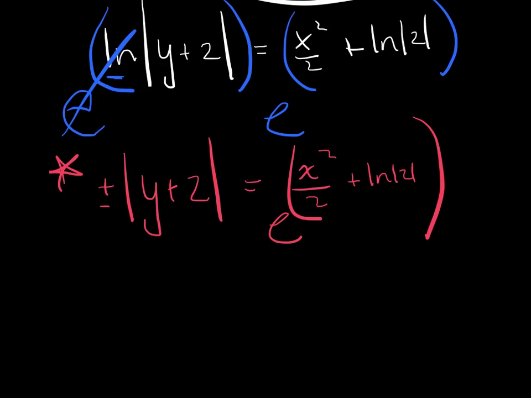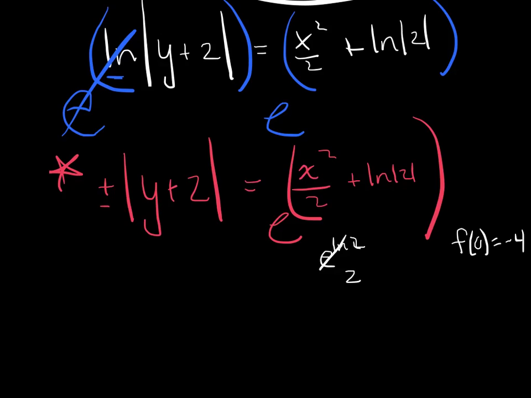Because I had to change signs, that means this number is going to be a negative. If that doesn't sit well with you, think about this. The initial condition was f of 0 equals negative 4. That means when you plug 0 in this equation, you need to see a negative 4. Do some quick mental math. If you plug 0 in here, I'm going to get e to the 0 plus the ln of 2, which would be e to the ln of 2, which zaps out, which gets me 2.